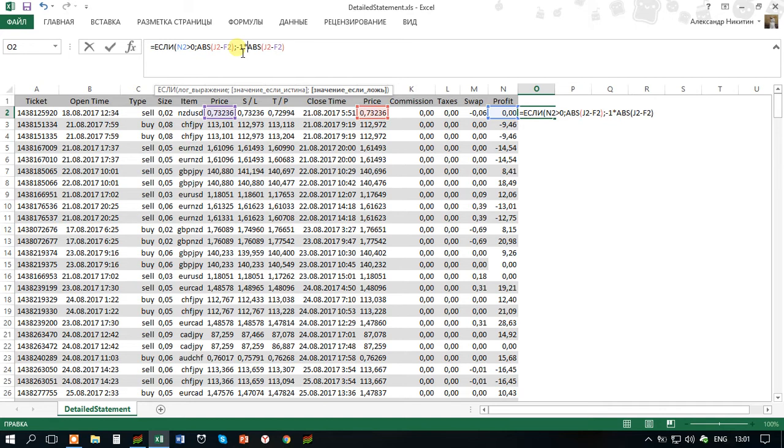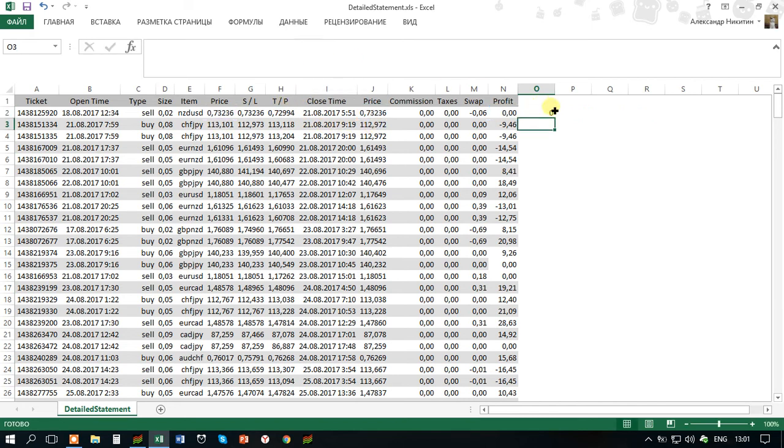So let it be turned back into negative. Depending on whether this is a winner, I have positive pips. If it is a loser, then I have negative pips. And it doesn't matter if we have a sell or buy, because here we calculate the absolute amount of pips.